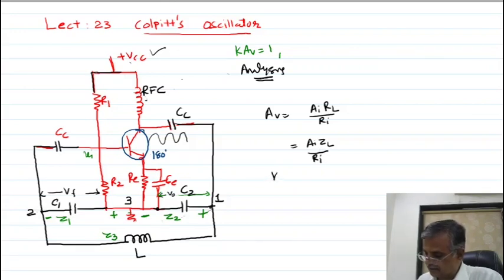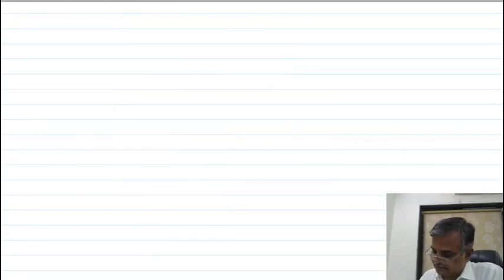The feedback factor K is nothing but Vf upon Vo. So we will use this equation. We will put the values of AV and K in the above equation and get the answer for the frequency of oscillation.